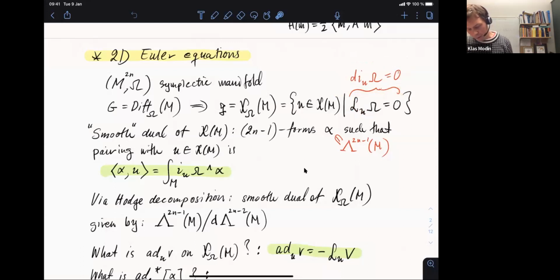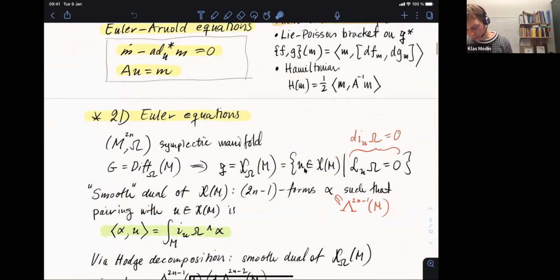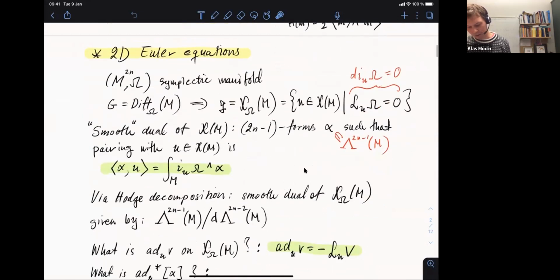And then remember, when we do this, we need to work with the dual of the algebra. And now we're cheating a little bit. We're in infinite dimensions, so we're doing this in a geometric way, pointwise. We consider only the smooth dual, right? So we identify the smooth dual of the vector fields with 2n minus 1 forms.